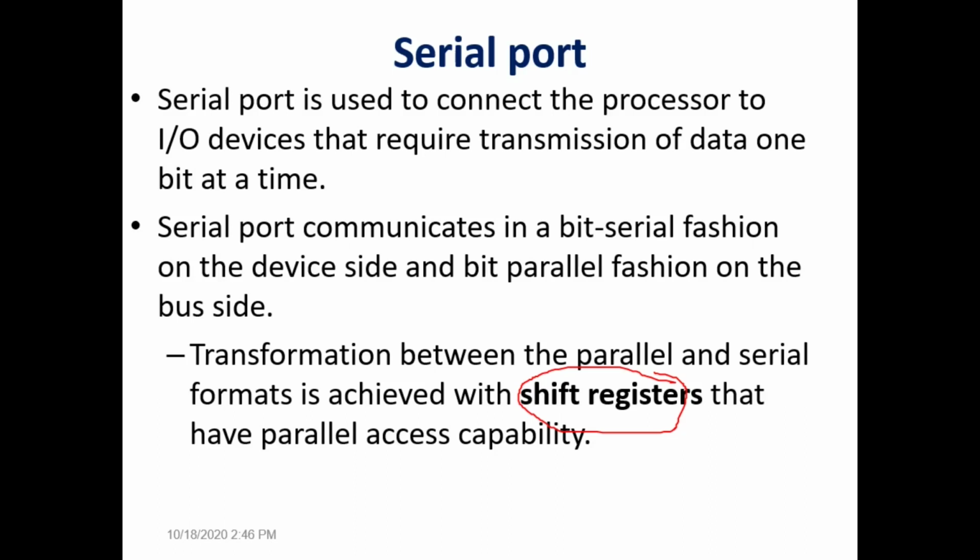Using that, for every clock cycle we can transfer one bit of data out of the register, which will go to the output device. Or we can shift in another direction, where we receive every bit from the input and keep storing it in the register by shifting one bit towards the other direction. So this is how it works using a shift register. So go through this concept before studying this session.